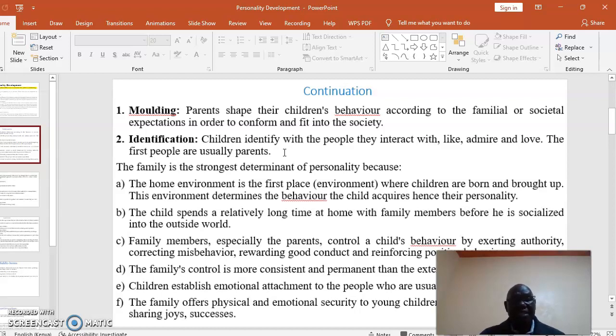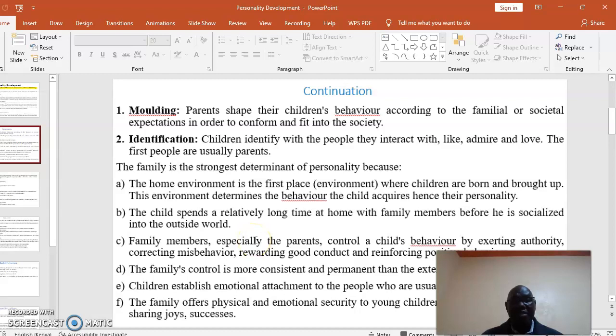The family is the strongest determinant of personality because of the following. The home environment is the first place, the first environment where children are born and brought up. This environment determines the behavior the child acquires, hence their personality.